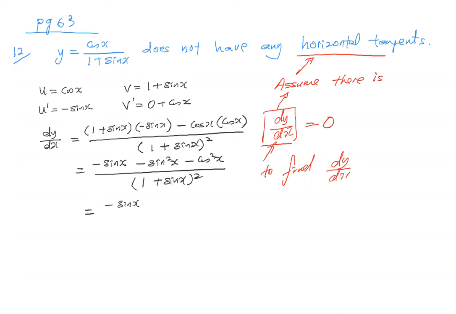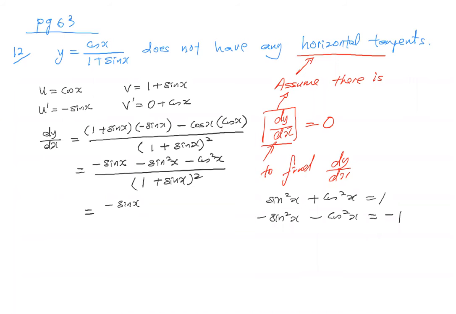Okay. We know that sin square X plus cos square X is equal to 1, correct? So I have negative sin square X minus cos square X. It will be equal to negative 1, am I right?